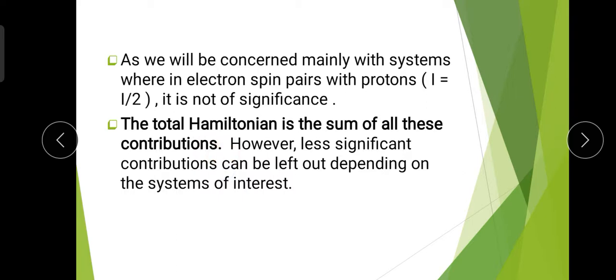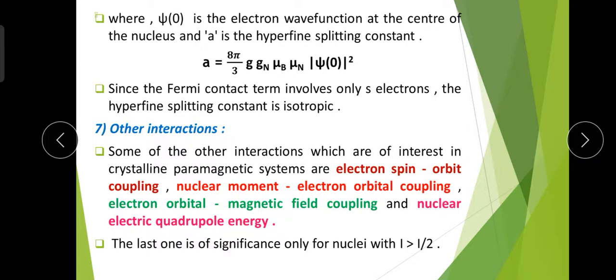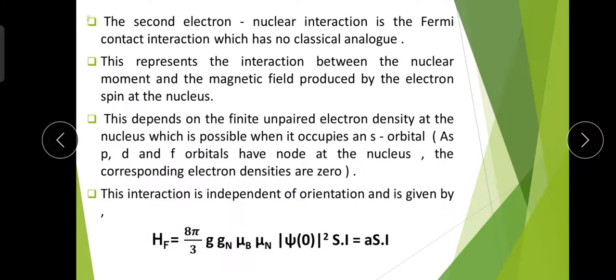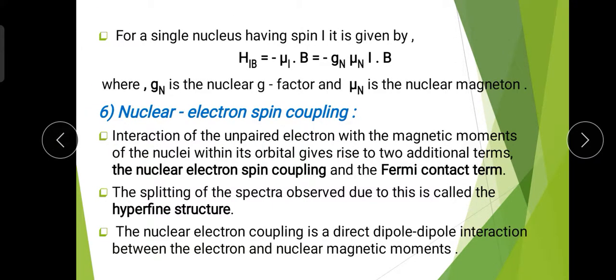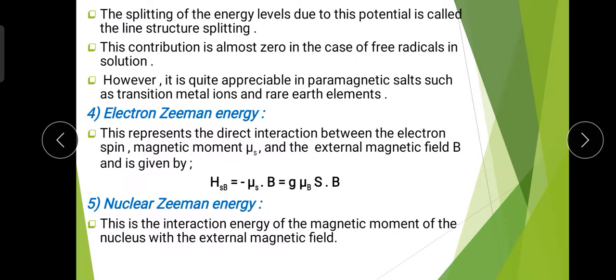Up to this point we have considered different contributions. The first is the electron kinetic energy, the second is the internal potential energy, the next is the crystal potential, after that the electron Zeeman energy, and then the nuclear Zeeman energy.